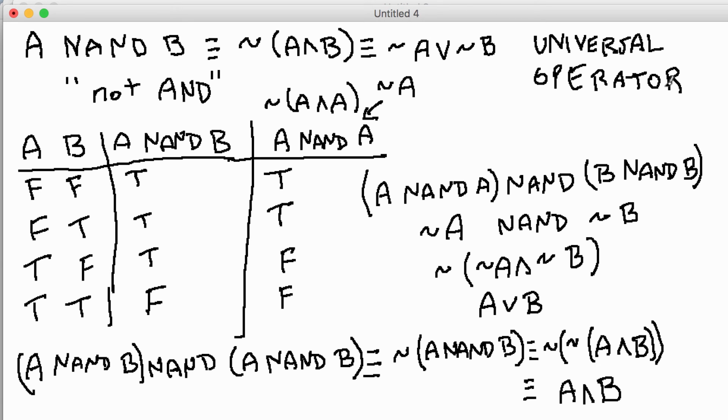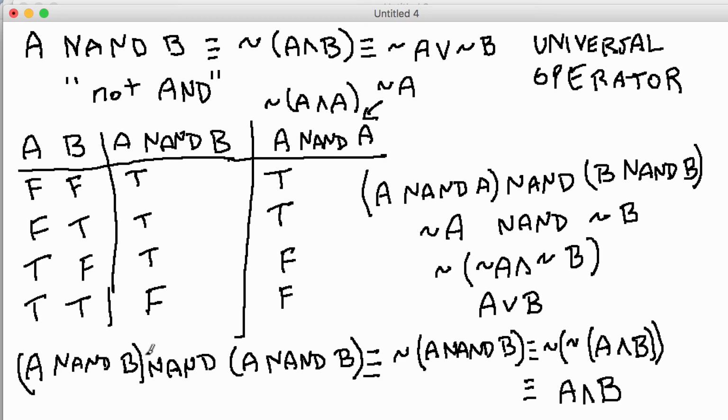And the reason why it's referred to as a universal operator, I think we've demonstrated it here, is that we can implement AND, OR, and NOT just using NAND. That's a very interesting property and a very powerful property.